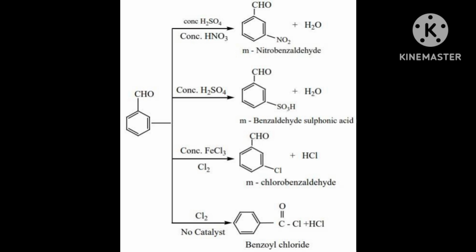That is an example of an electrophile. Then how will you get this NO2 plus? You will get it in the presence of HNO3 plus H2SO4. That will give you NO2 plus. Okay.